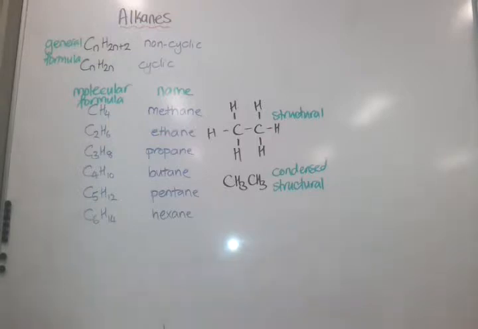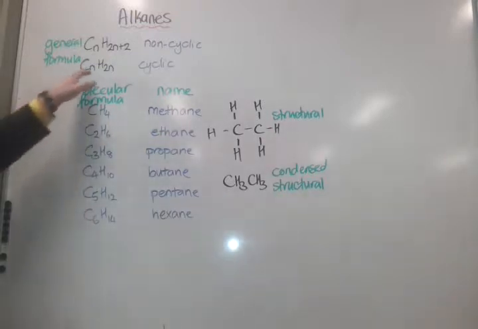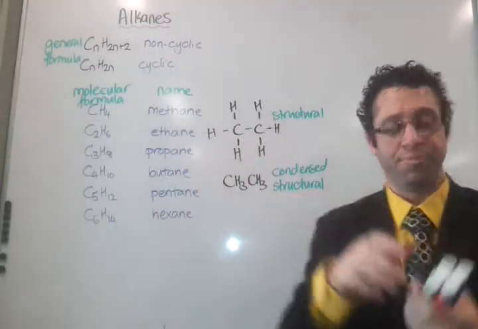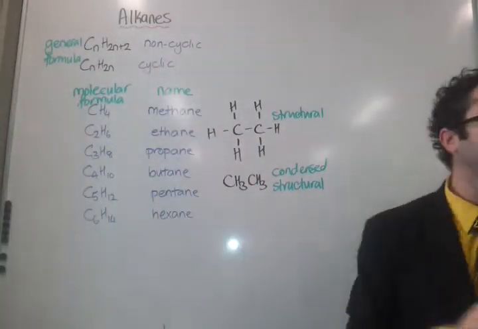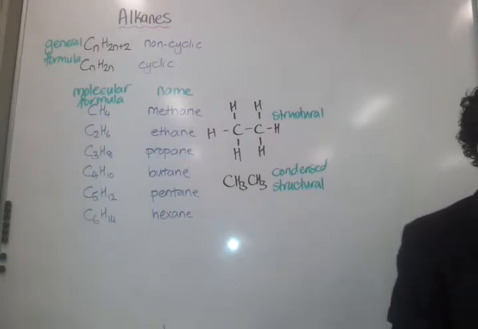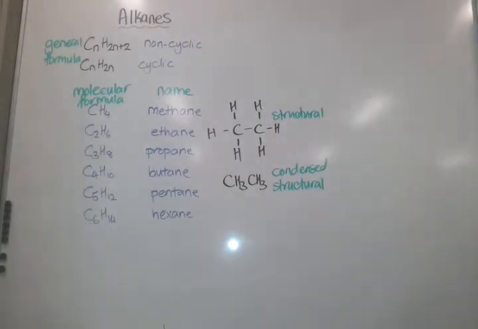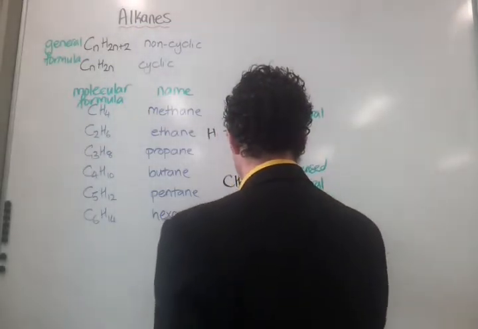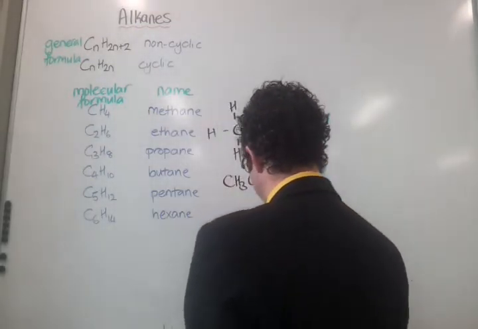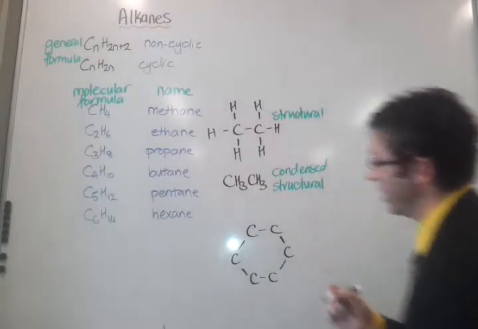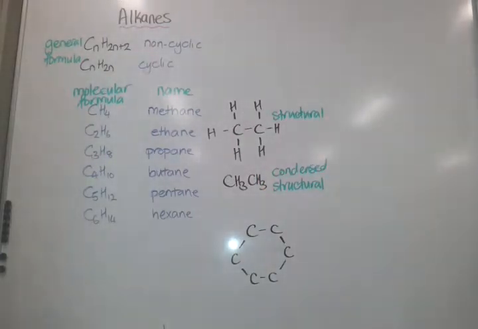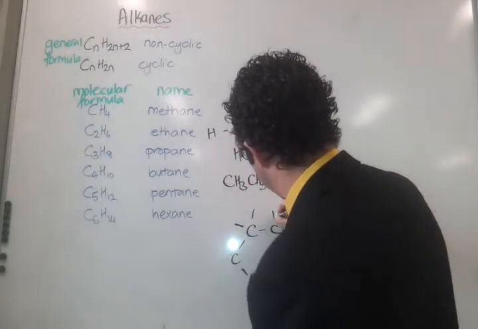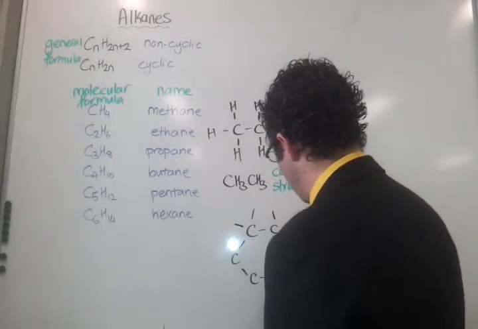However, alkanes aren't always that easy. Sometimes they're what we call cyclic, which is where the carbons go in a loop. So if I was to take something like hexane and make it cyclohexane, it means that the carbons go around in a hexagon. So I'll draw that, and we'll see why that's got a different molecular formula. Each carbon here is actually bound to 2 others, so each carbon can only take 2 more hydrogens.